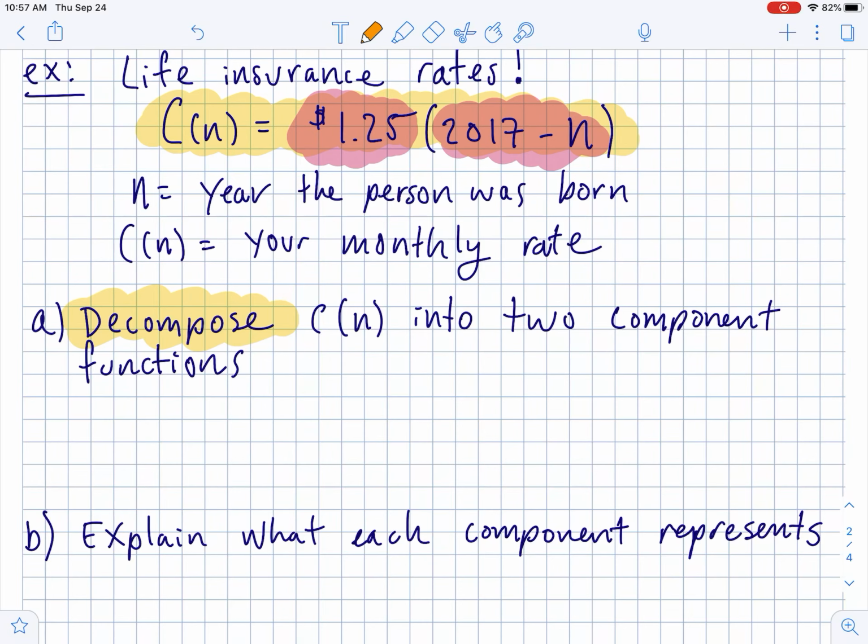Let's say, what do they use? F and G? Sure. F of n is equal to the age part of it, just the inside. So that's just the inside up here. And then G of n is $1.25 times n.